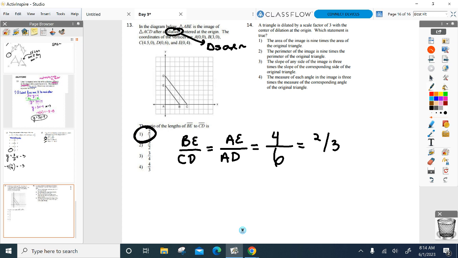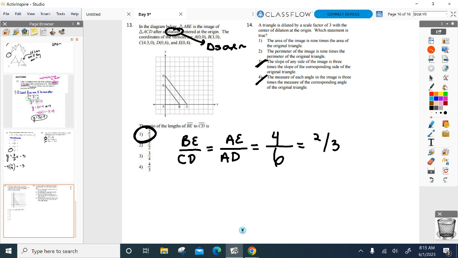What's definitely not true? 3 and 4. Yeah, good job. 3 and 4, because we talked slopes stay the same because the lines remain parallel, and we talked corresponding angles are congruent, not bigger or smaller. So that's gone. So is the area 9 times or is the perimeter 9 times?